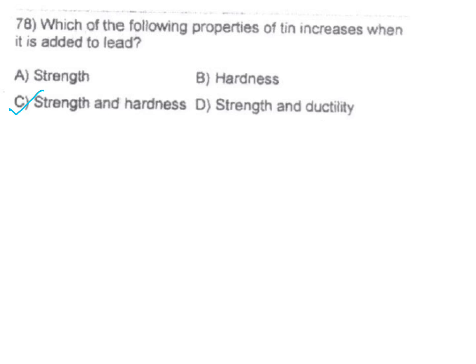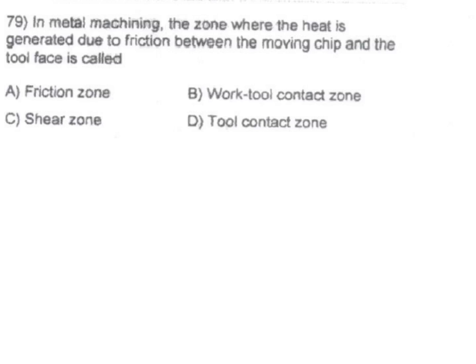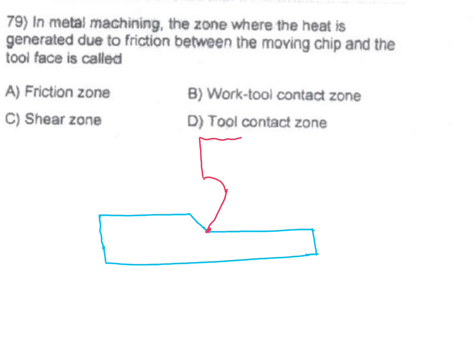In metal machining, the zone where the heat is generated due to friction between the moving chip and the tool face is called, here, if this is the workpiece, then this is the cutting tool.